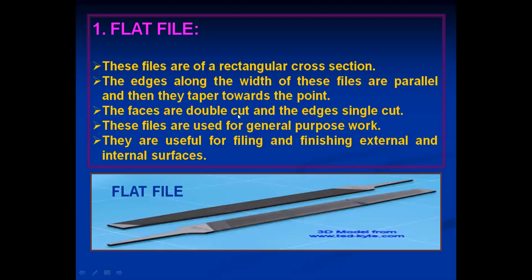The faces are double cut and the edges are single cut. In the faces, two rows of teeth are arranged, but in the edge there is only one row of parallel teeth. So this is the flat file. These files are used for general purpose work, for metal filing.